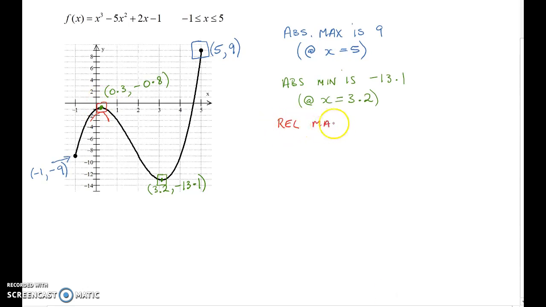So the relative max here is -0.8, and it's at x equals 0.3. And that's why we estimated what each of those points were initially, so that we wouldn't have to figure it out at the time.